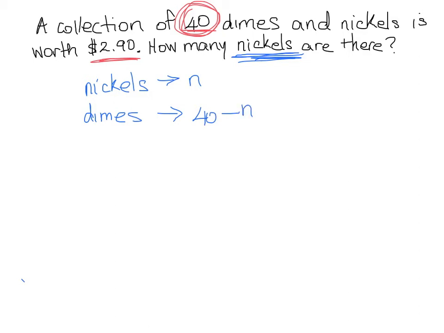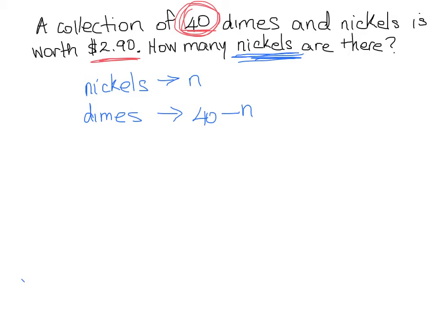So I'll repeat that just to make sure we got that. Since there were 40 coins in all, and we determined that there were n nickels, then everything else out of the 40 will be dimes, which is how we got that expression, 40 minus n dimes. All right, that is super important to unlocking this question.